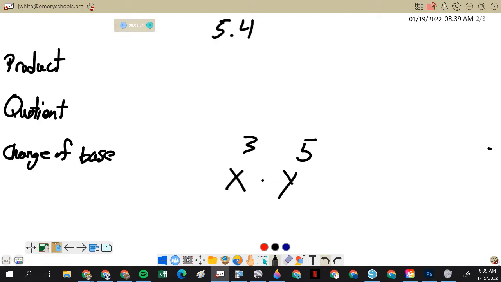If the bases match and you're multiplying, then you add the exponents. Okay. What if I had y to the fifth over y to the seventh? If the bases match, what do I do with the exponents? Subtract. Okay. And that leads us to the product and the quotient rule.